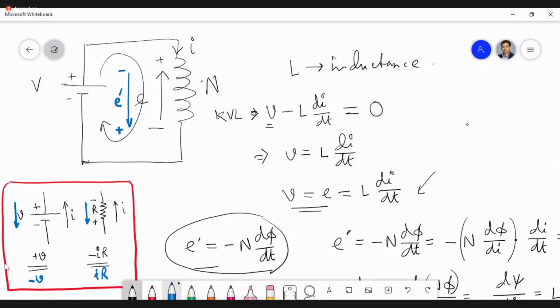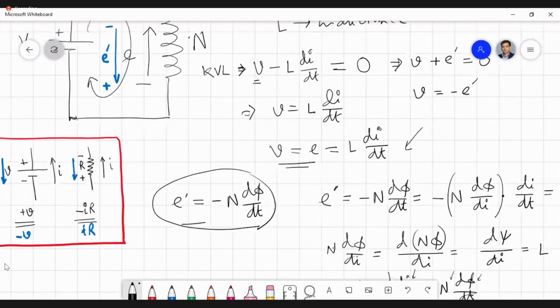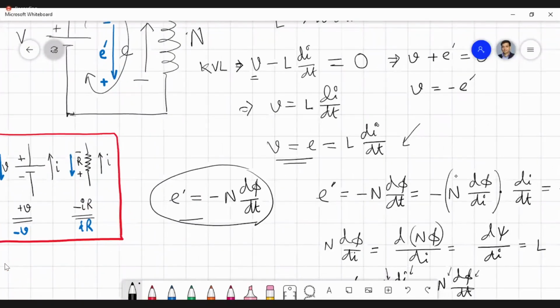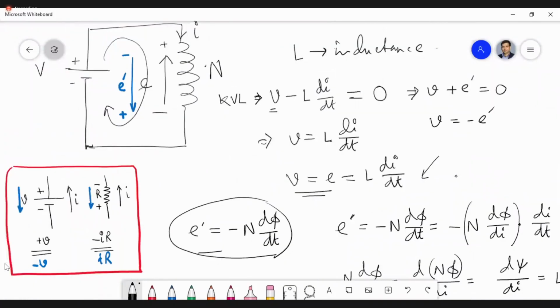So the same equation will be V plus E prime equals 0, or V equals minus E prime. So E and E prime both are the same voltage but with different convention, different polarity.